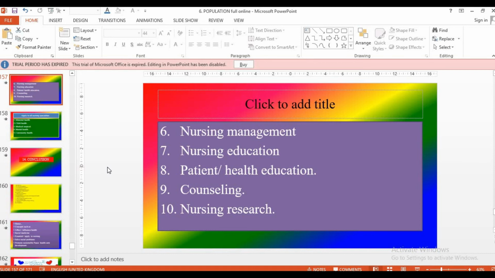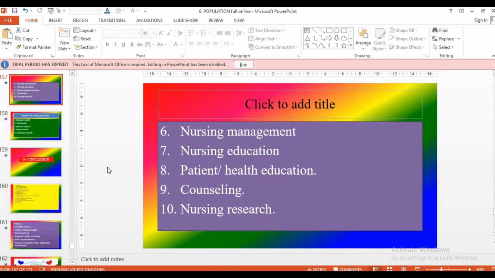Health education based on the population characters, depends upon their age, sex, their religion, their occupation, etc. Then counseling and guidance. Also, the population data is fundamental for nursing, for student or client-oriented guidance.